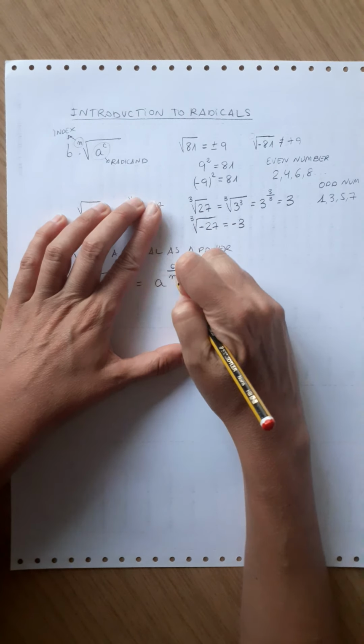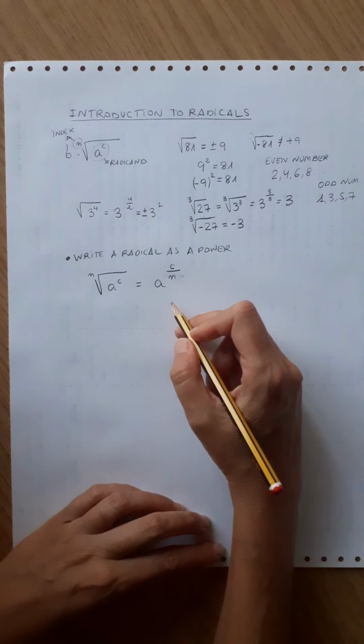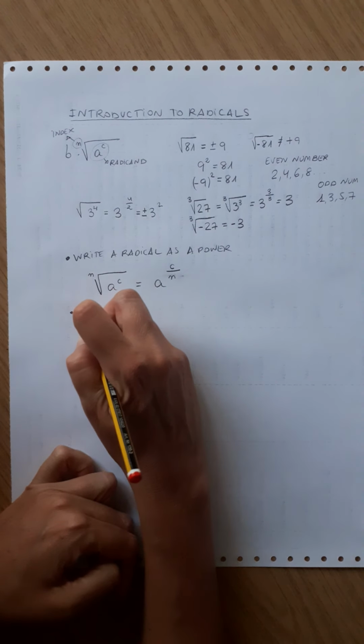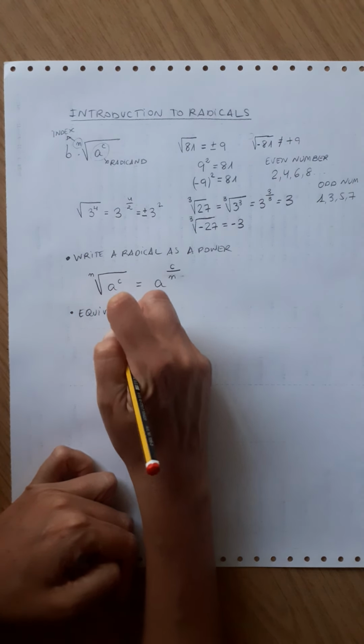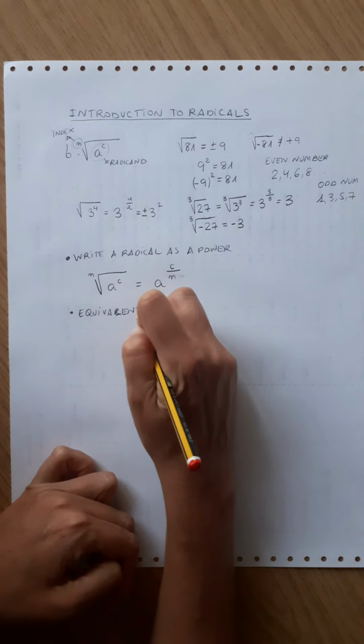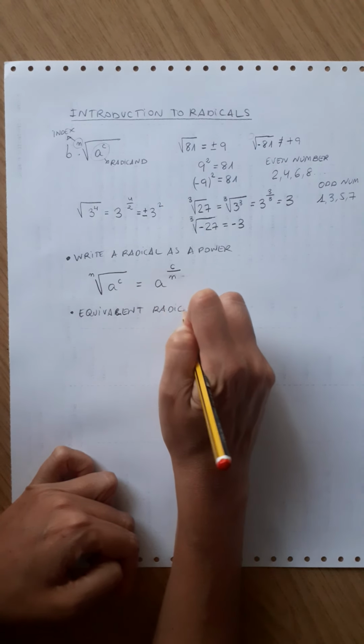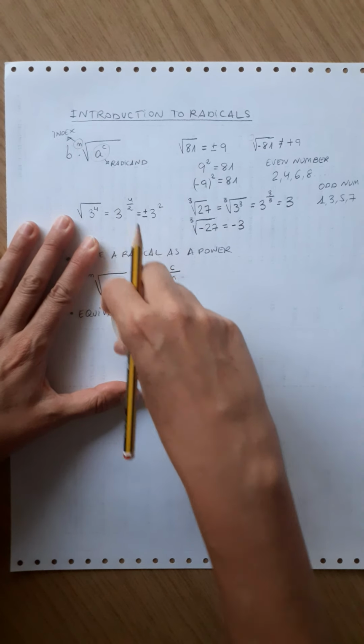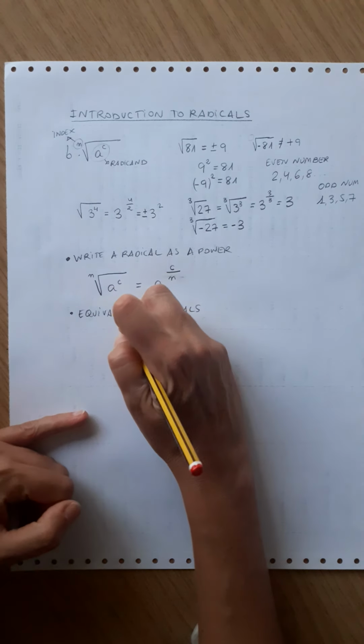The index always goes to the denominator, okay? So I can have many equivalent radicals for the same number, okay?